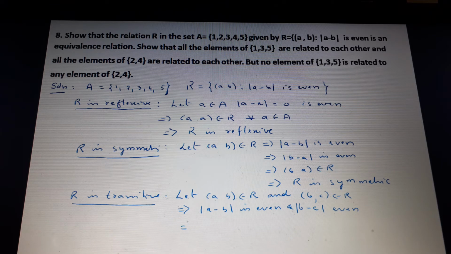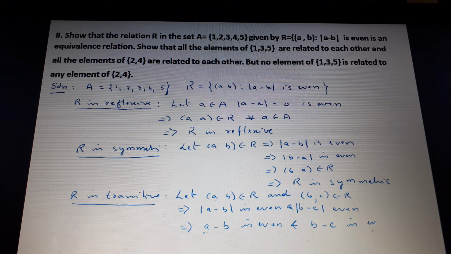Now if I remove the mod sign also, this integer will be even only. It may be positive or it may be negative. So a minus b is even when I remove the mod sign. Similarly, b minus c is also even.